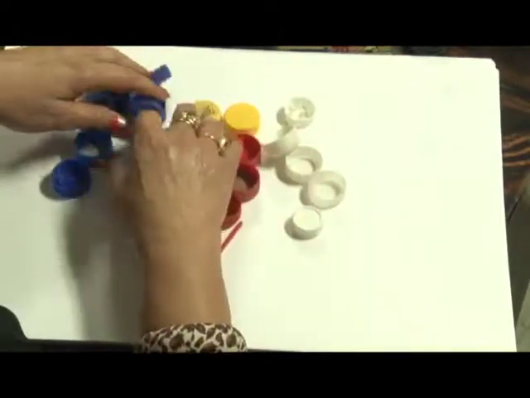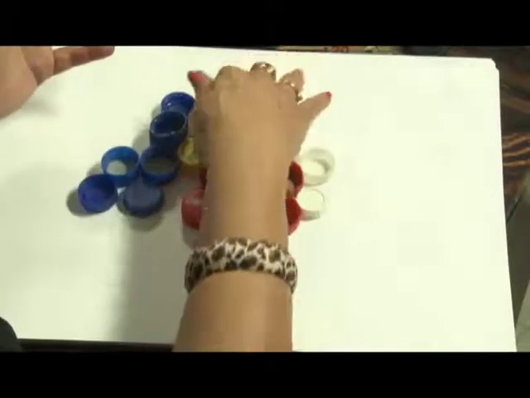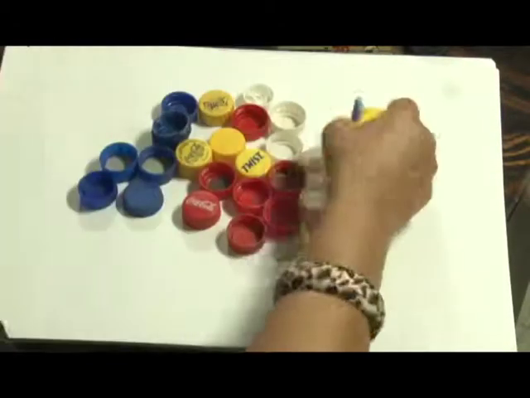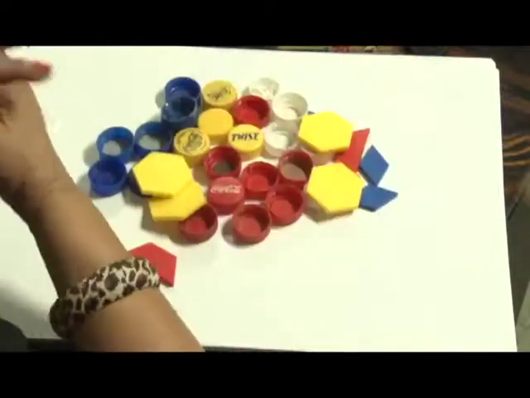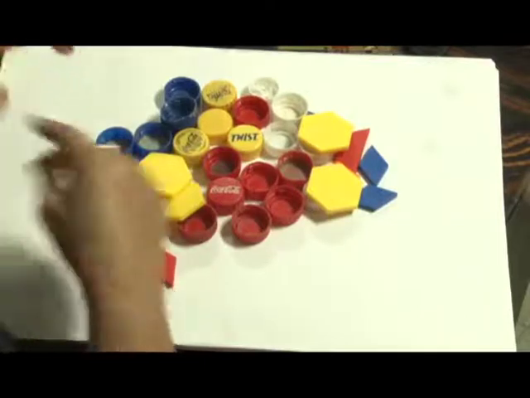So we are first going to classify according to color. I give my learners a box with counters or bottle caps, and I ask them to classify or group all these objects according to color.